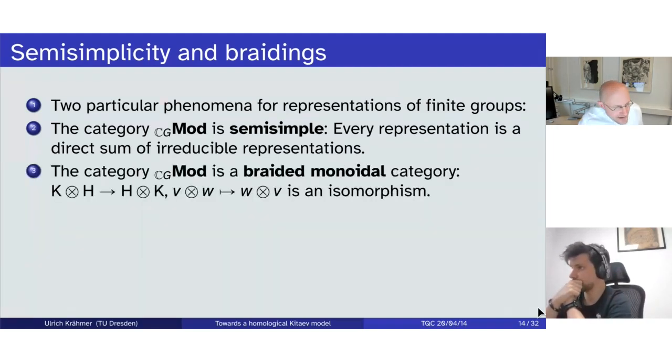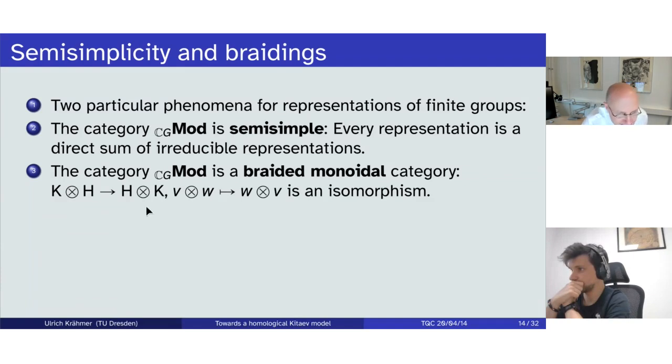And there's another thing which kind of goes towards fusion categories. The Hopf algebra, which is the group algebra, is co-commutative, and that implies that the category of modules is a braided monoidal category.